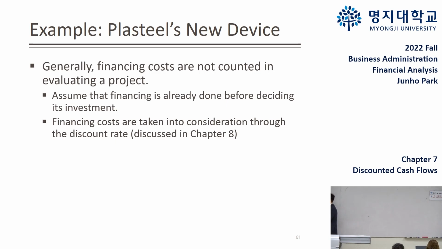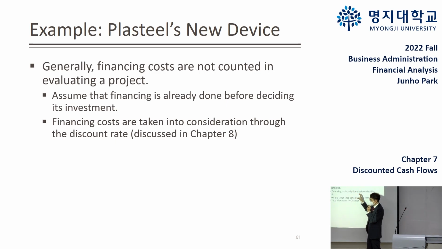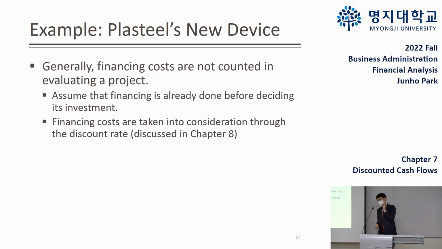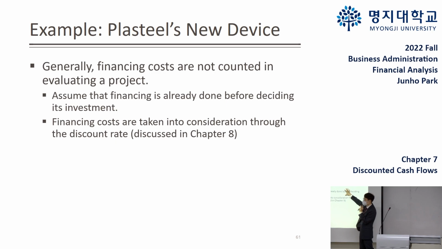So if you subtract the interest expenses as well as use the discounting rate, that means you are double counting. So to avoid that situation, you only consider financing costs in the discount rate, not by taking those as negative cash flows.